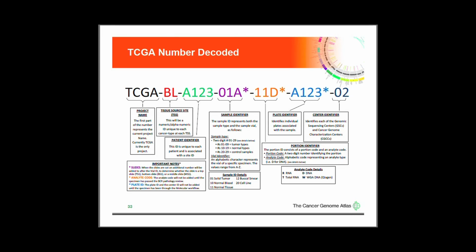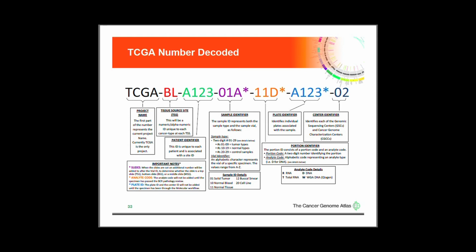These definitions are out there, though they're not terribly easy to find, but I can help you figure that out. Some of the bigger ones I pointed out at the very bottom: solid tumor is 01, blood, et cetera. The vast majority will be those tumor types. The others, generally people are not interested in.